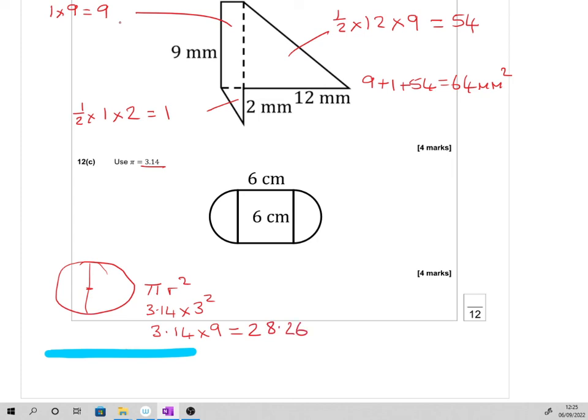And the square in the middle is 6 times 6, which is 36. So altogether, we've got 36 plus 28.26, which equals 64.26 centimeters square. So there you go. That's area all in one go.